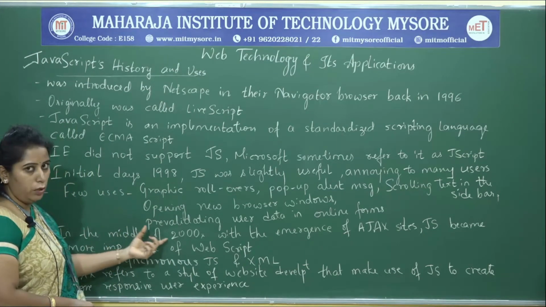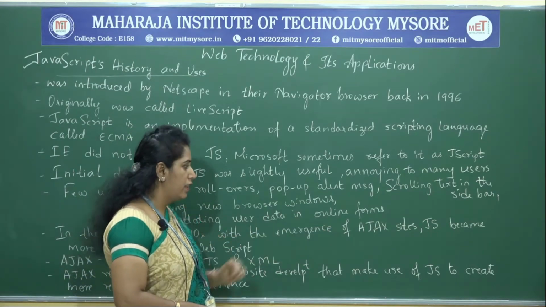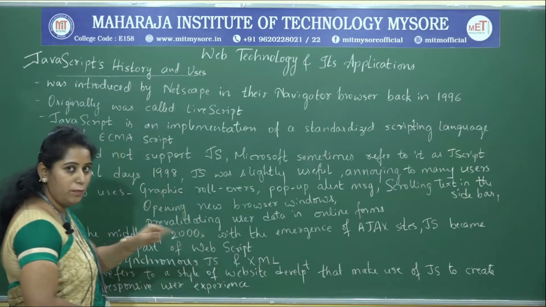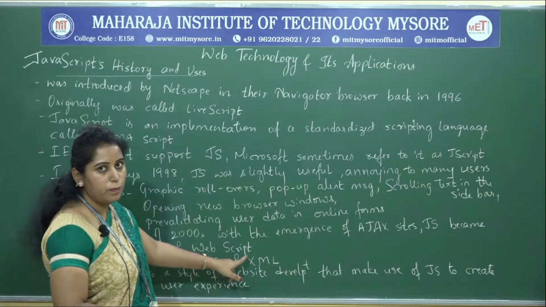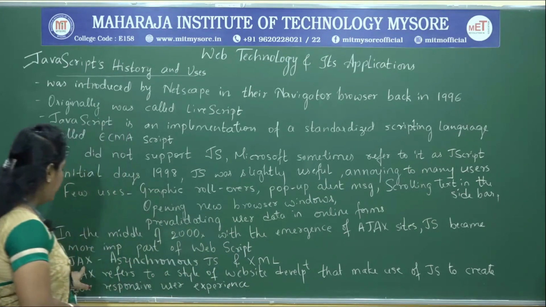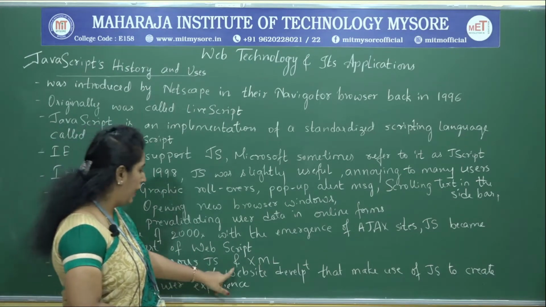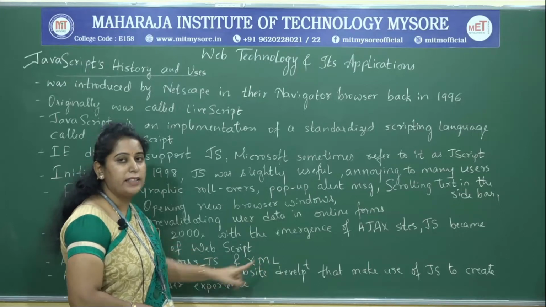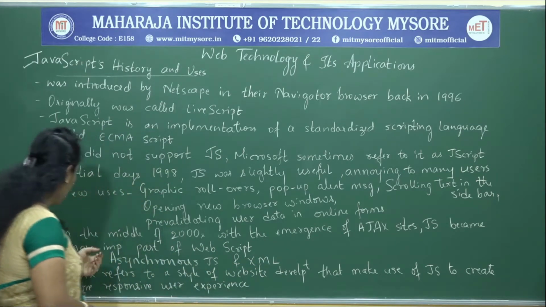In the middle of 2000, with the emergence of Ajax sites, JavaScript became a more important part of web scripting. Ajax is the combination of asynchronous JavaScript and XML. XML stands for Extensible Markup Language.